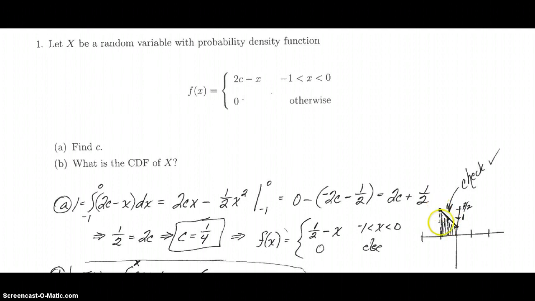You could do it a couple different ways, either do the triangle area and the rectangle area, or you could simply realize that the area of the trapezoid is the average of the two bases, which in this case is 1, times the height, which is also 1 times 1. So that does work out to an area of 1.